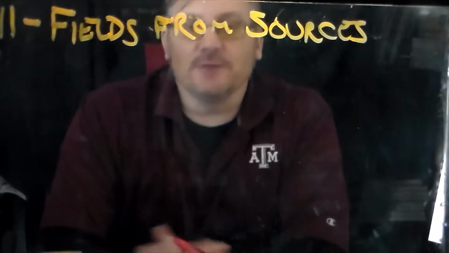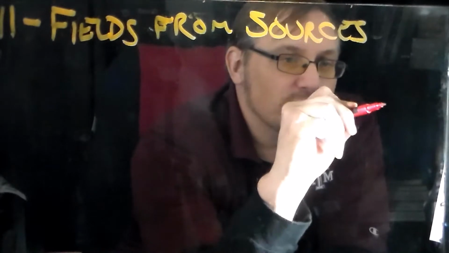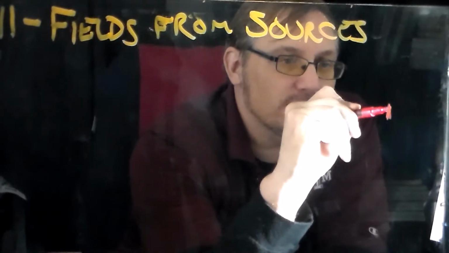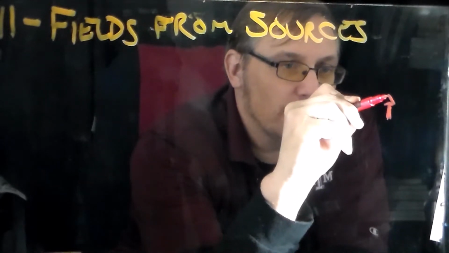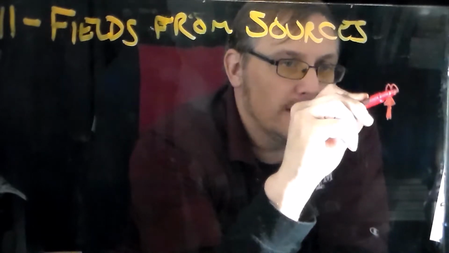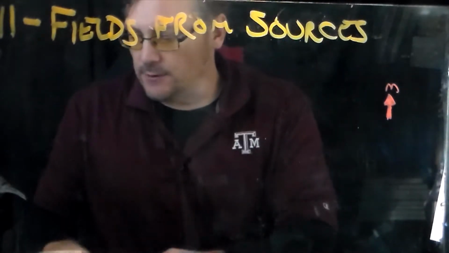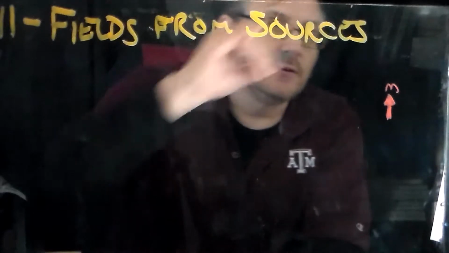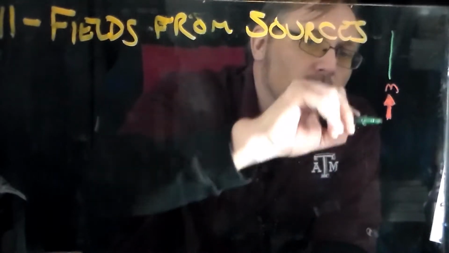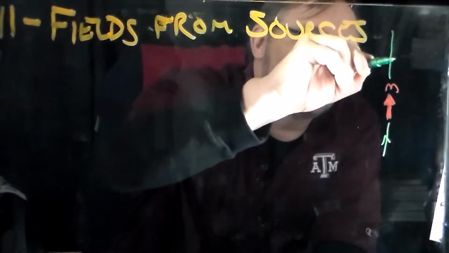All right, finally we get to the thing that I really, really love, which is the dipole. So let's say we have our dipole here, M. It's going to put out a magnetic field that goes like this, along this axis.